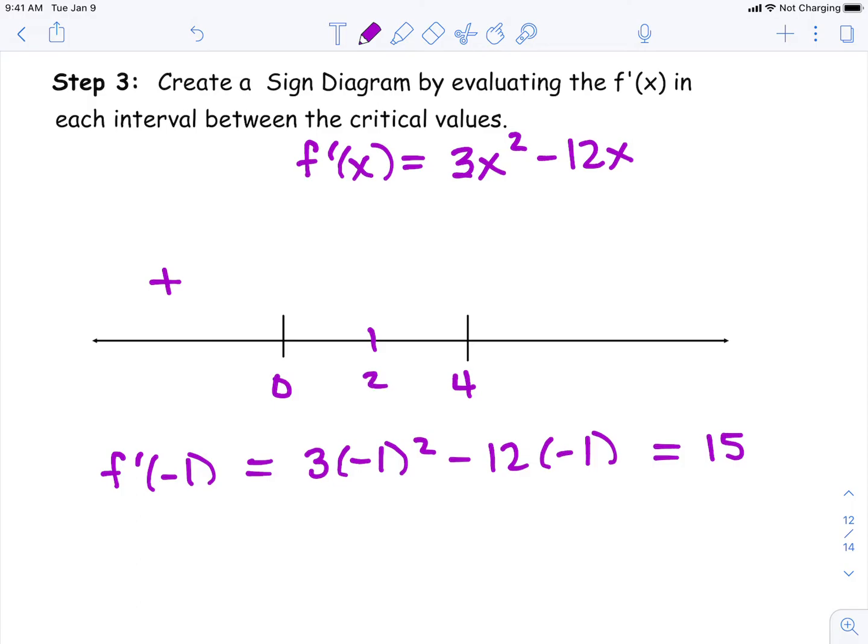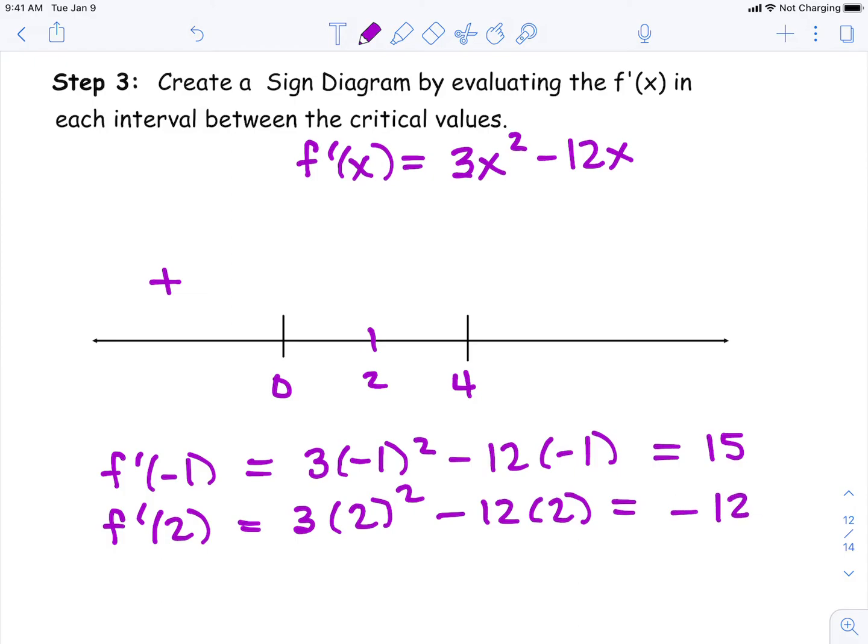So I'm just going to choose 2. And we would get -12. So in between 0 and 4, we're going to get negative slopes there.